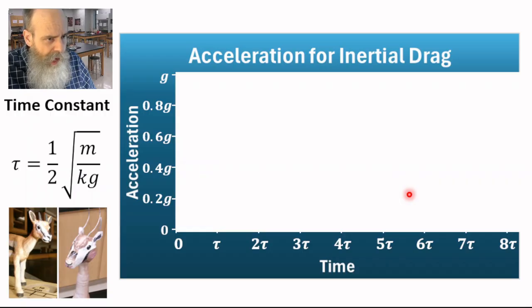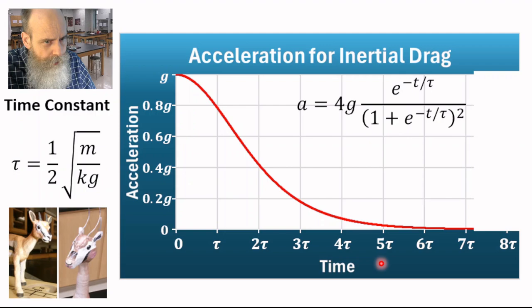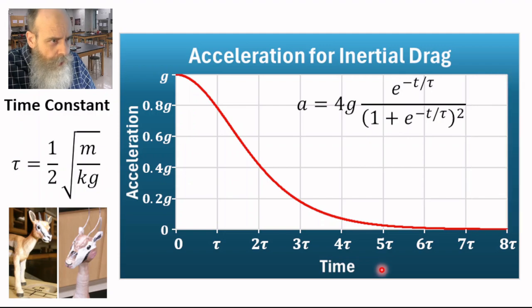Here we are graphing acceleration on the vertical axis in terms of g, versus time on the horizontal axis in terms of tau, the time constant. This is what we get. When t equals 0, the acceleration was equal to g.